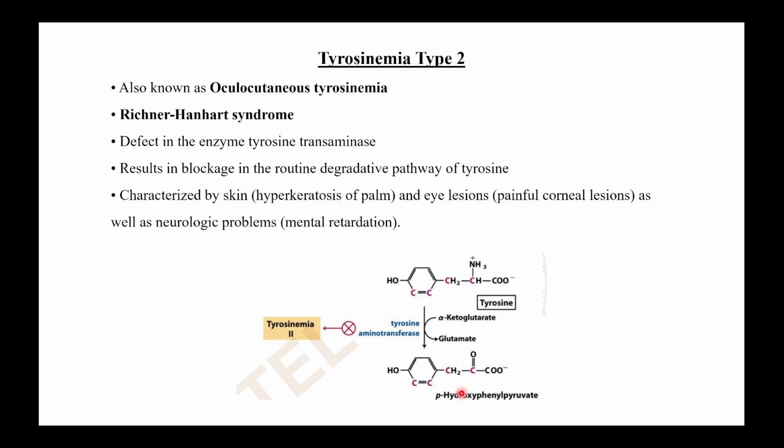Basically, in any of the tyrosinemia defects, irrespective of at what step the defect is, the result would be tyrosine accumulation, and it can lead to different clinical manifestations.